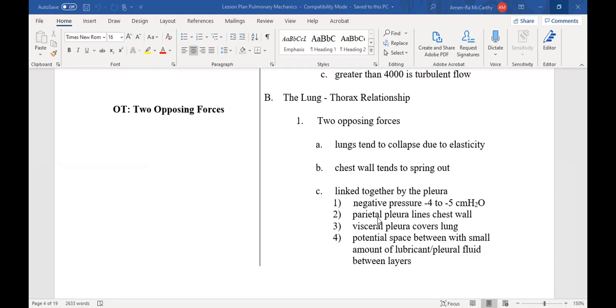So they're linked together by the pleura, right? You've got the visceral pleura and the parietal pleura. That's what's linking the chest and the lungs together. Now, negative pressure, -4 to -5 centimeters of water, okay? It has a negative pressure of -4 to -5 centimeters of water. The parietal pleura lines the chest wall, right? The visceral pleura covers the what?